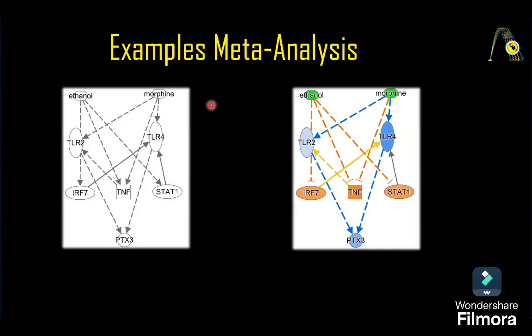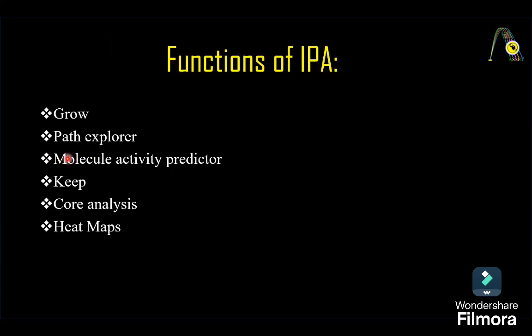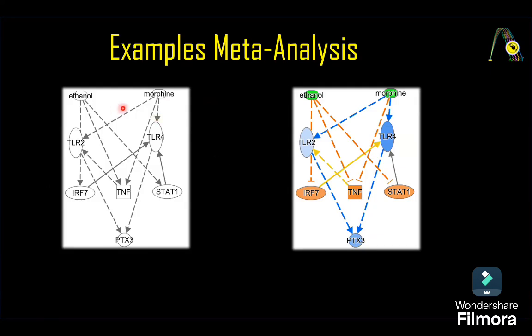And these are just some examples of analysis that you can do with IPA. This is actually from an analysis that I did. To the left is employing the Path Explorer feature, which I mentioned over here. Using the Path Explorer feature, I connected ethanol and morphine to pentraxin 3. And then I used the molecule activity predictor, which predicts activation or inhibition.